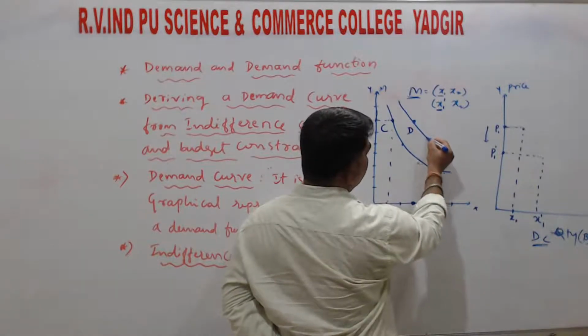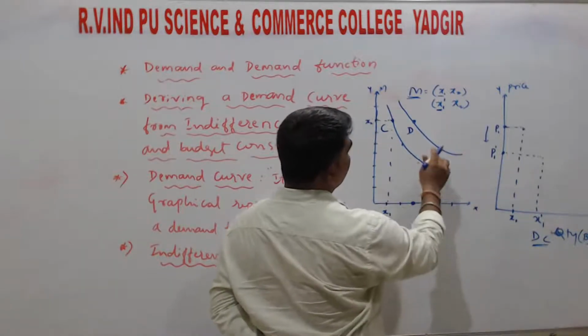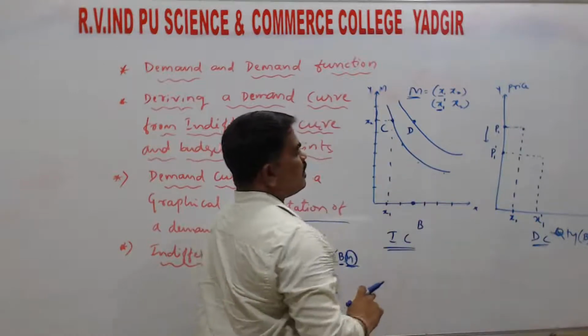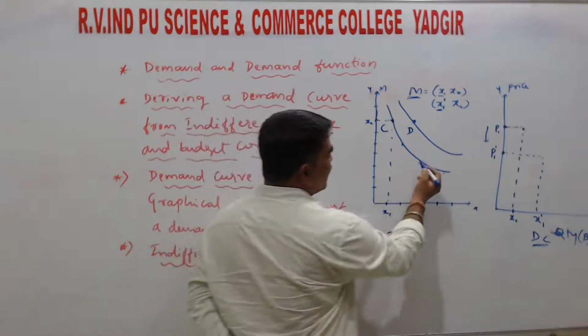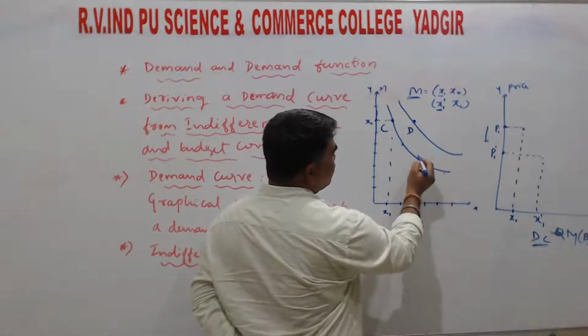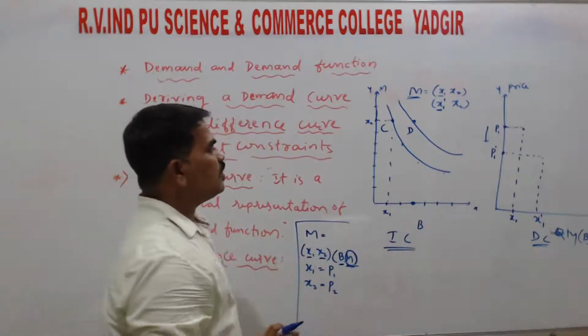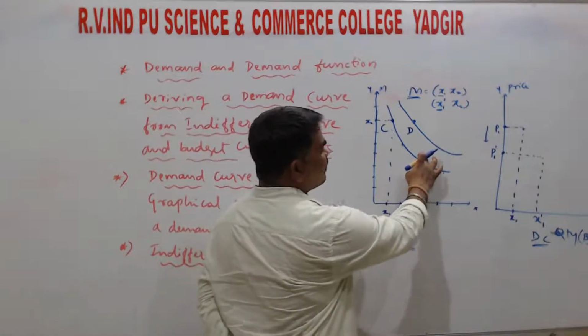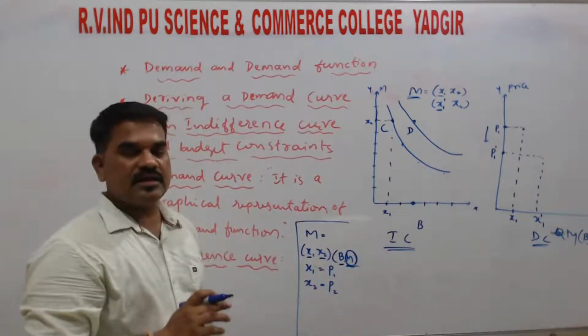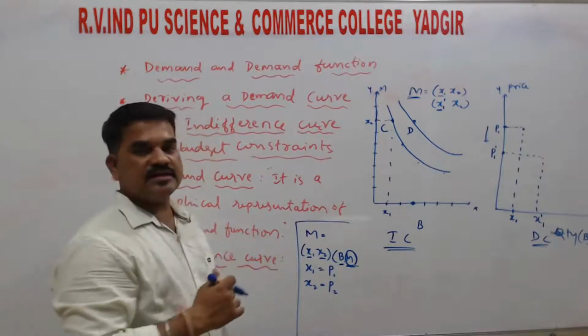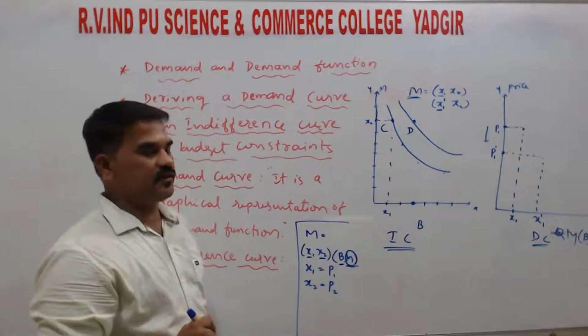If we join the bundles, we will get one more new curve, that is the IC curve. If we compare these two IC curves, this we call the higher indifference curve, where his satisfaction level is greater. That we also understood when we were discussing the features of the indifference curve.